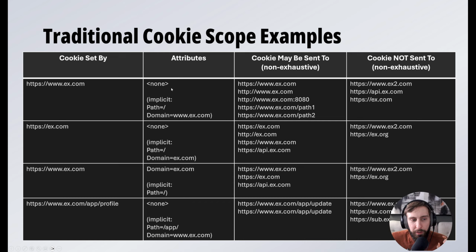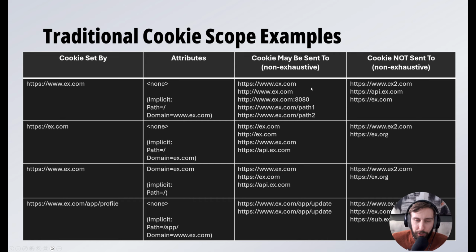And so the path and domain in this case have implicit values. When you don't specify them, they take on defaults. The default domain is essentially the full host name of the system that sets it. The path is going to be the last complete path segment. And hopefully that will make sense when we get to the bottom example.